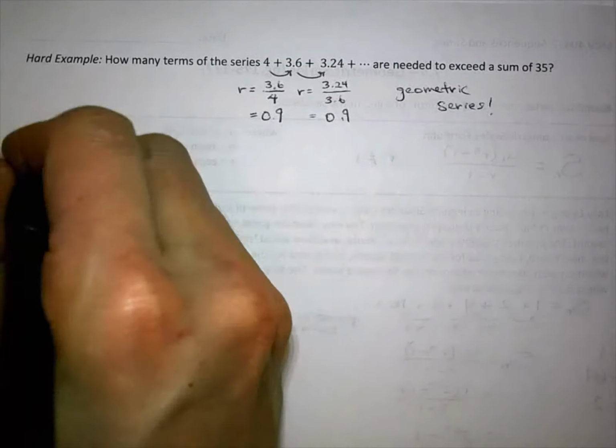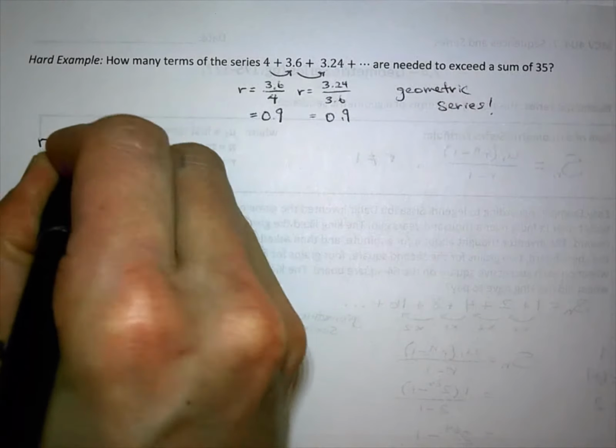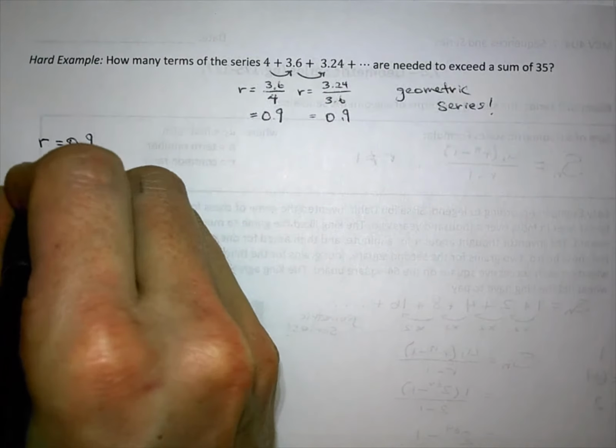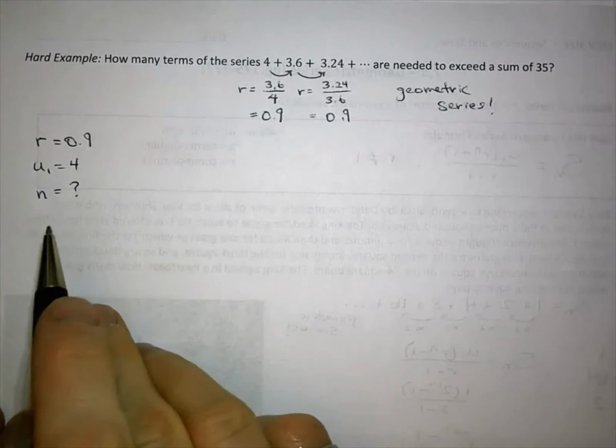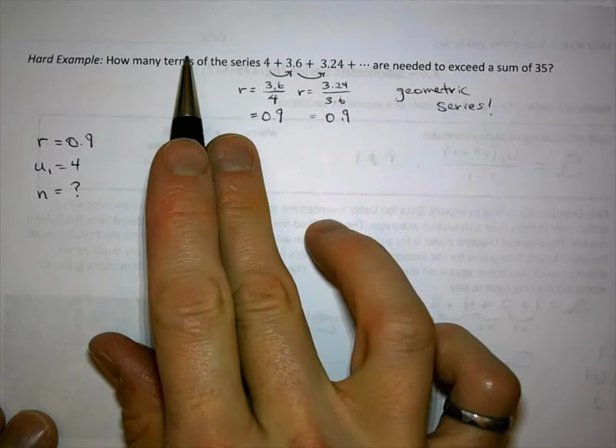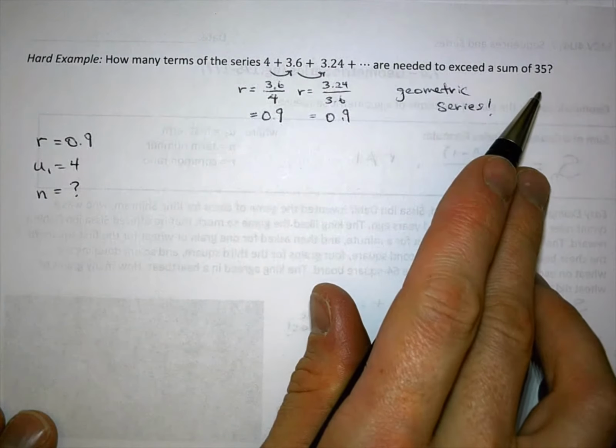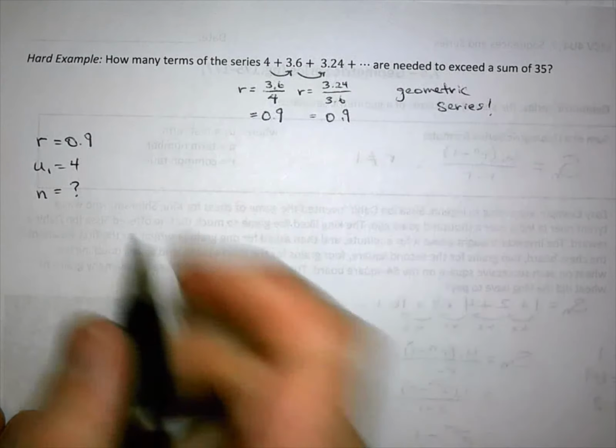I'm very excited because now I can use my formula. The common ratio is equal to 0.9. We figured that out. My first term is equal to 4, and the number of terms is unknown. Actually, we were given some more information. We want to find out how many terms give me a sum greater than 35.